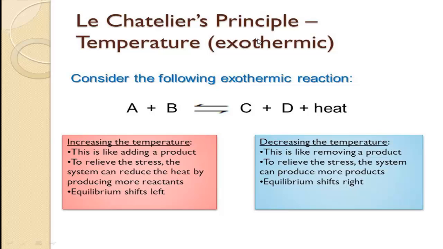Since the forward reaction is exothermic and the backward reaction is endothermic, if we increase the temperature, the endothermic reaction rate will be increased, so the equilibrium position should shift to the left side.